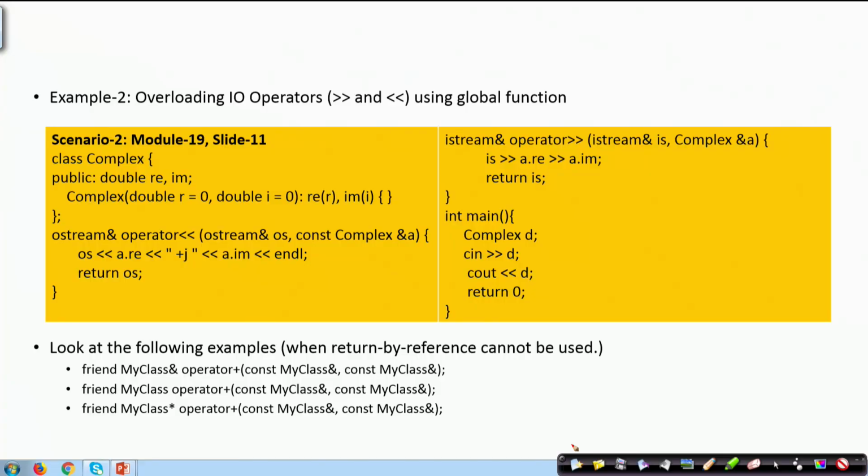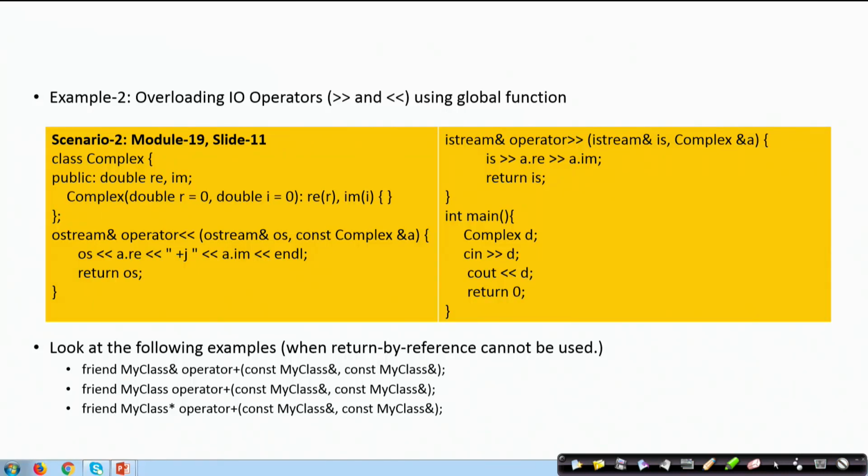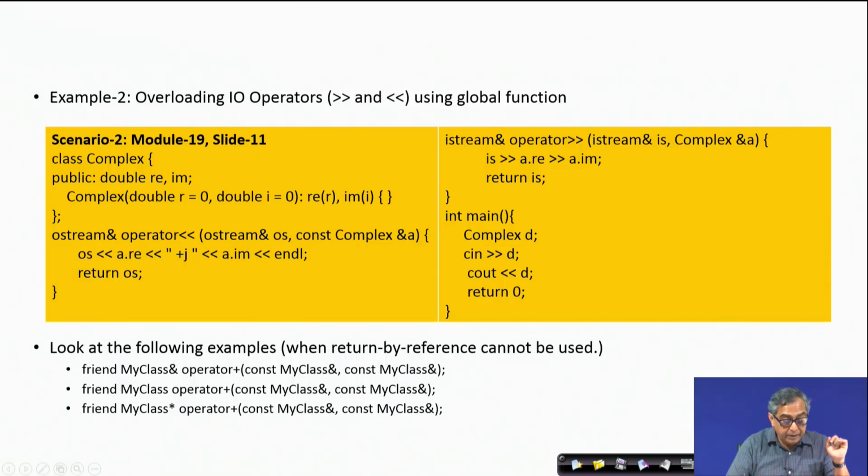In every case this judgment will have to be judiciously executed. So, thanks to Shubhodip for raising this issue. It was a little bit of an elaborate answer, but that is what the considerations of returning by reference are.